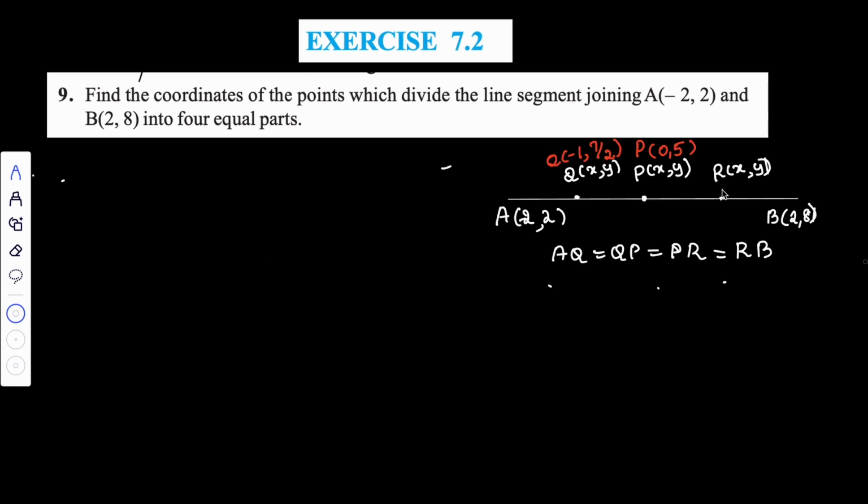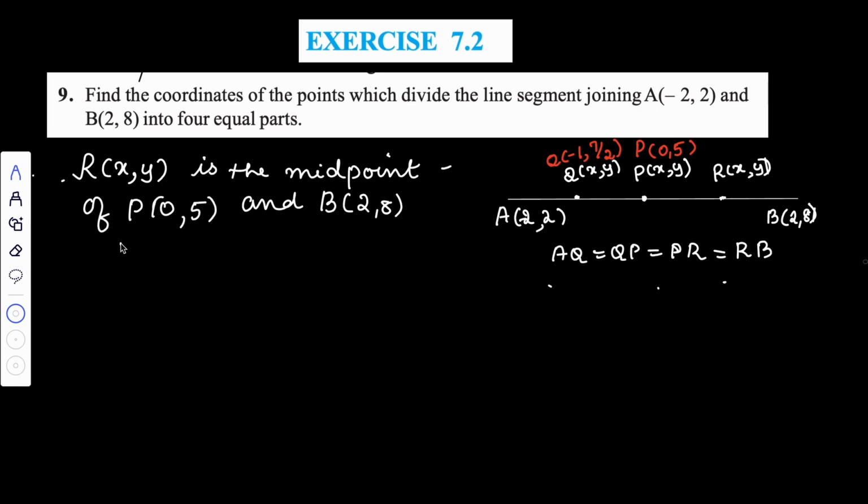Now we want to find out R(x, y), which is the midpoint of PB. R(x, y) is the midpoint of P(0, 5) and B(2, 8). So R(x, y) is equal to, using the midpoint formula, (x1 plus x2) by 2, (y1 plus y2) by 2.